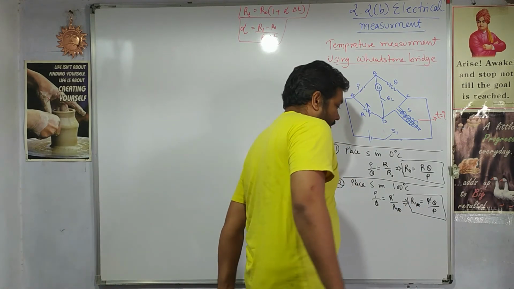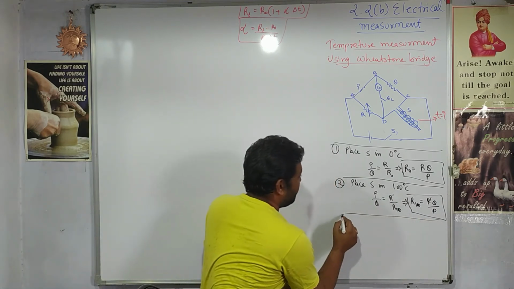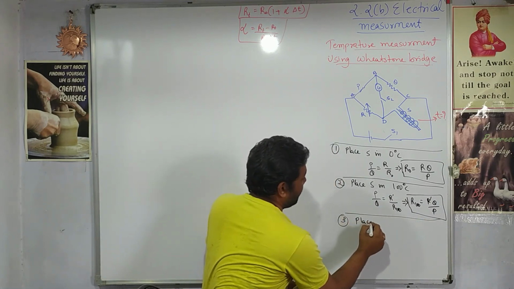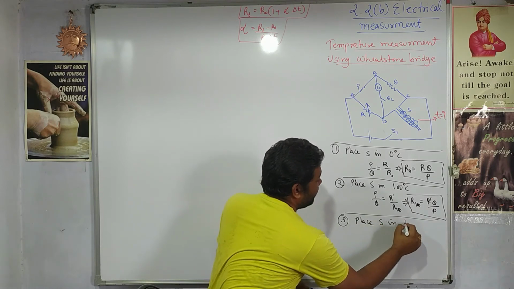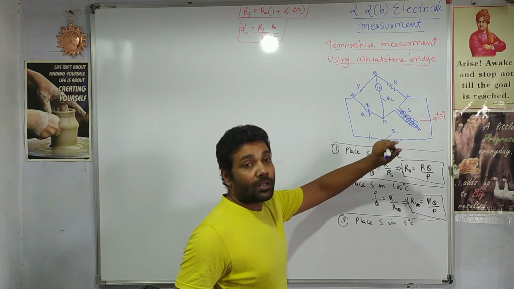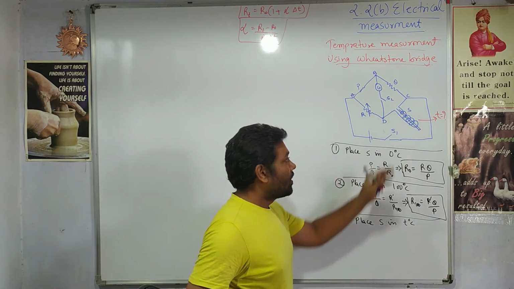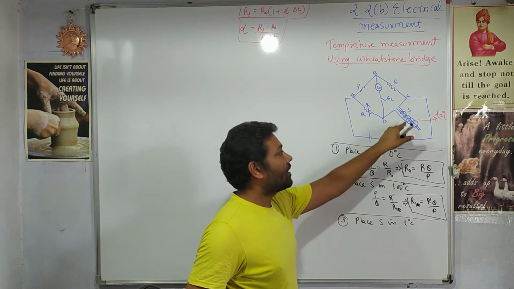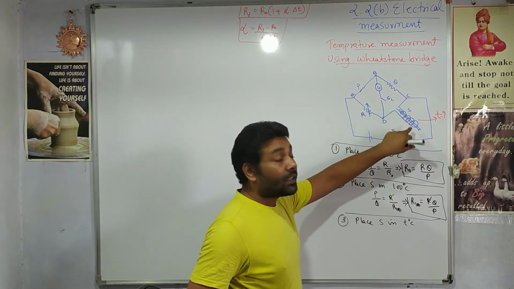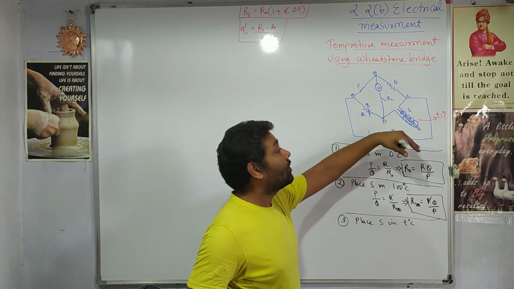Now I place S in T degrees centigrade. As I said, I want to measure the temperature of this room, so this wire arrangement is placed in this room. As soon as I place it in this room, again the resistance of this material, constantan or manganese, will be something different.